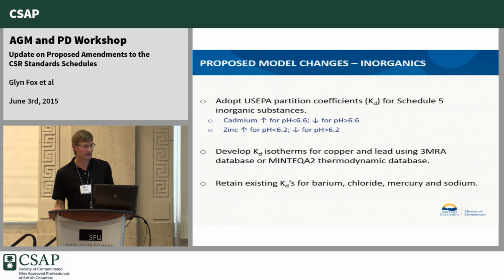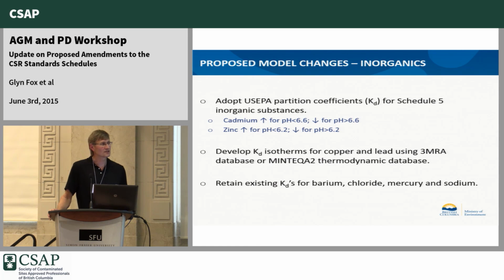Okay, the other thing we got from SAB was, for these inorganics in SCED 5, let's standardize. Let's go with EPA KDs. If we did that, for a number of substances it won't change. For some, KD values would change. Then depending on how much absorption you have for the substance, the standard could go up or down.